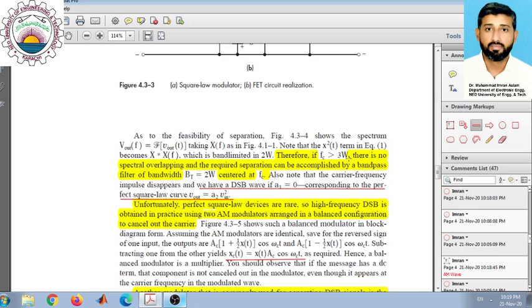So in order to have a proper filtering to get the AM signal, we need the carrier frequency to be greater than 3W, which is commonly the case. As I have previously discussed, the carrier frequency is generally much greater than the message signal frequency and bandwidth.